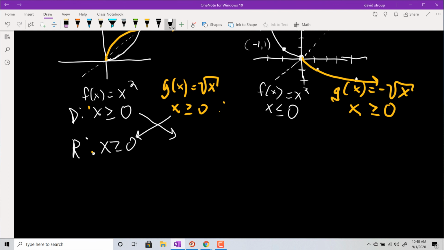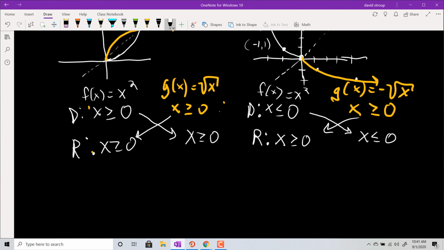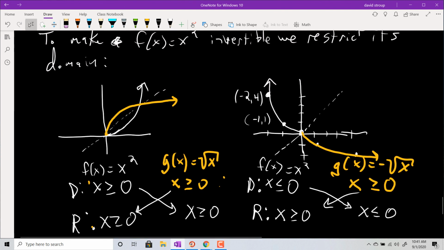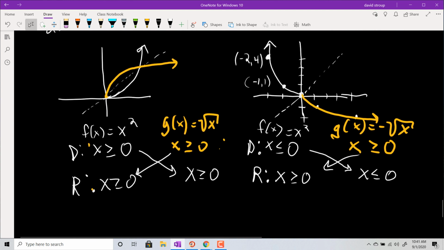And then the range of g of x is the domain of f of x, the x greater than or equal to 0. And likewise over here, the domain of g of x will become the range of f of x, x greater than or equal to 0. And then the domain of f of x will become the range of g of x. And you can kind of see that in the picture. The range of g of x, the yellow graph, is negative values.